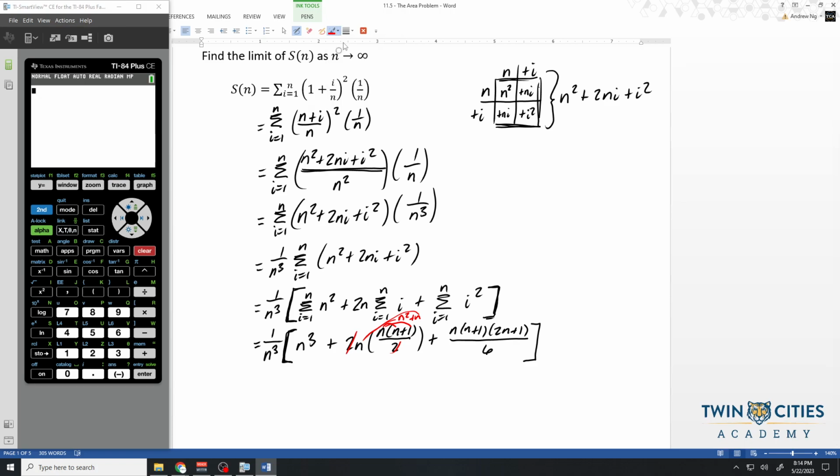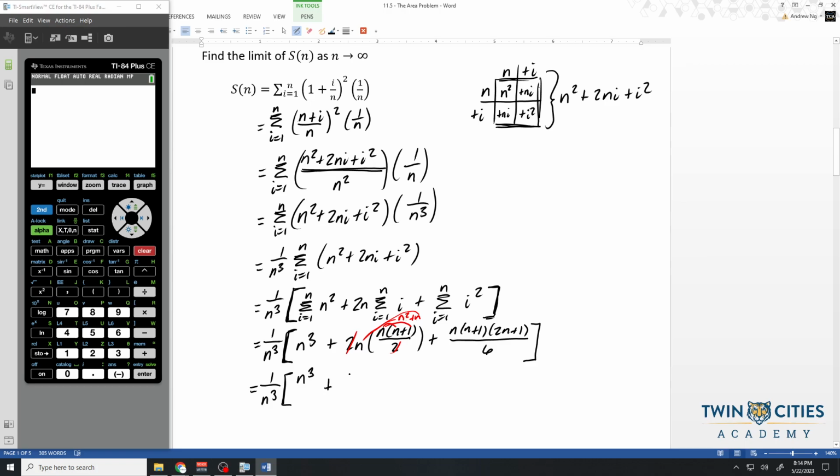So let's start writing this out. This is equal to 1 over n to the third, big bracket. Now I'm going to put this up in the air a little bit, plus this divided out, but I'm still going to have it up on top. I've got n squared plus n.